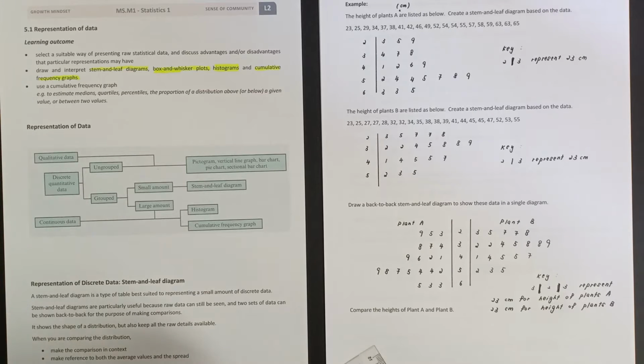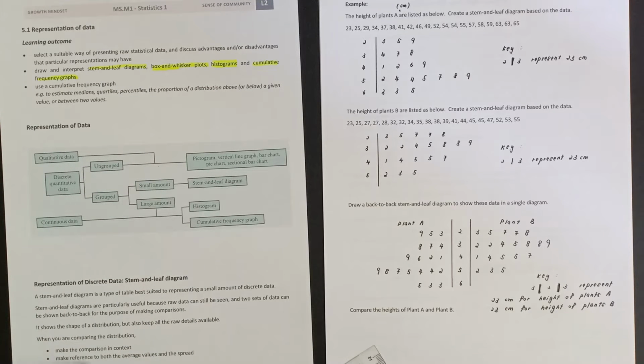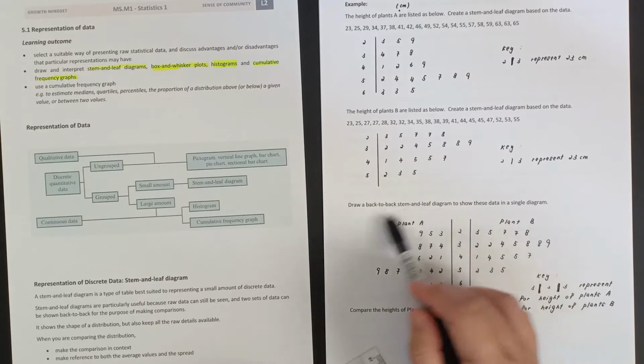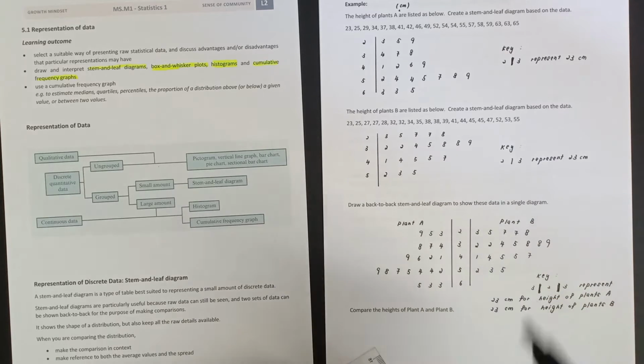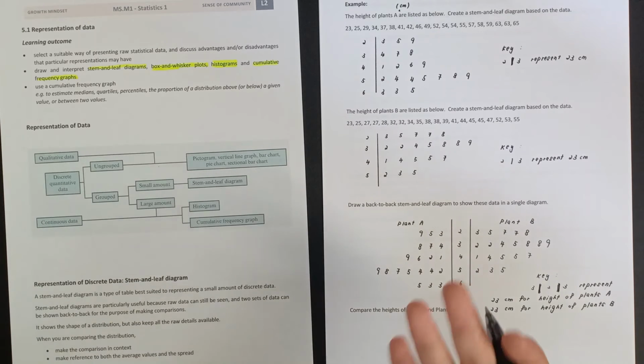When you look at this, I'm writing something down here. If you want to compare the distribution, you need to make the comparison in context, and normally you will compare in terms of average and the spread. This is your plant A distribution, this is your plant B distribution. So what can you realize? We start first with the average value.